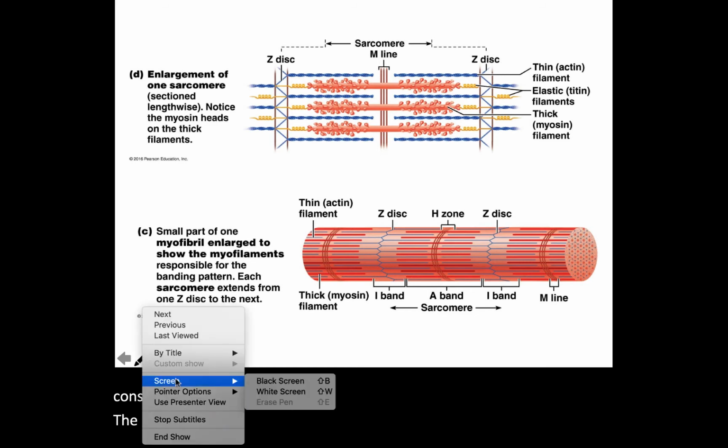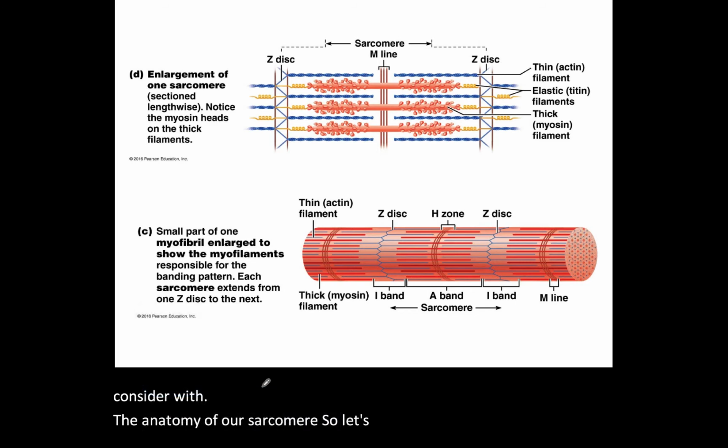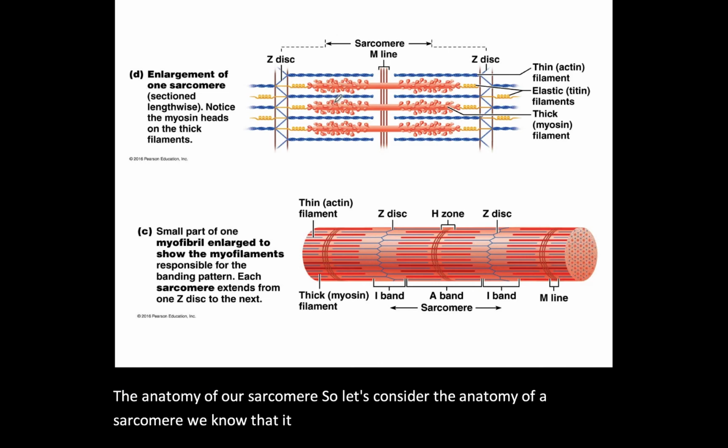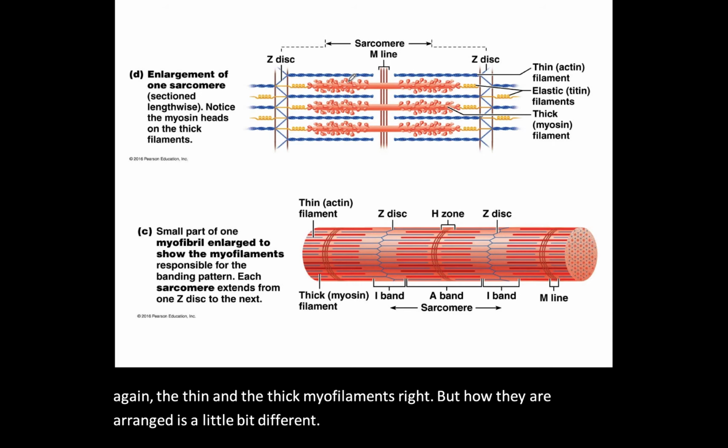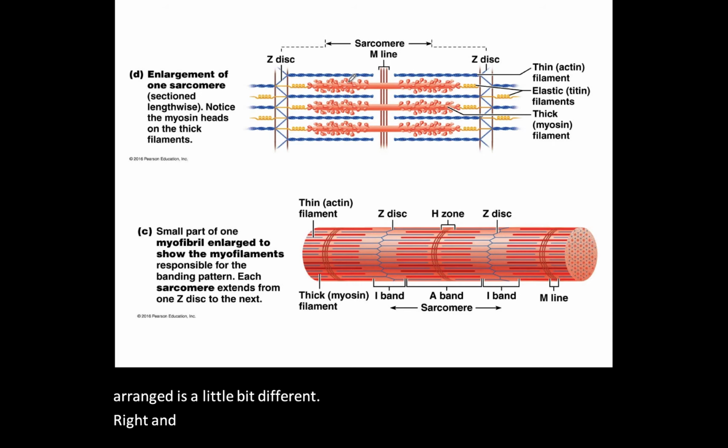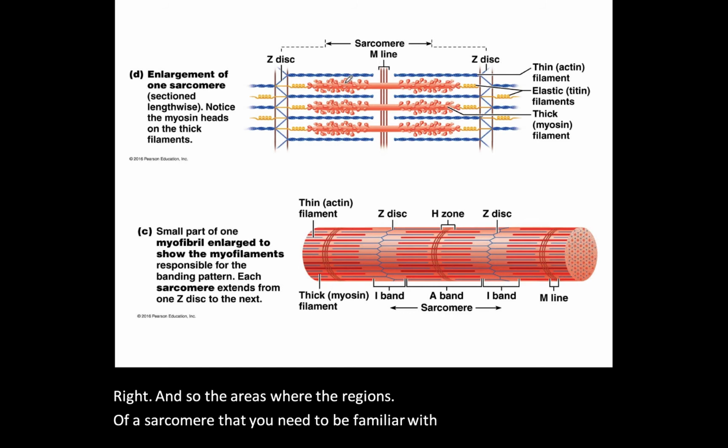So let's consider the anatomy of a sarcomere. We know that it is a combination or an interaction between, again, the thin and the thick myofilaments, right? But how they are arranged is a little bit different. The regions of a sarcomere that you need to be familiar with, first of all, are the A bands.